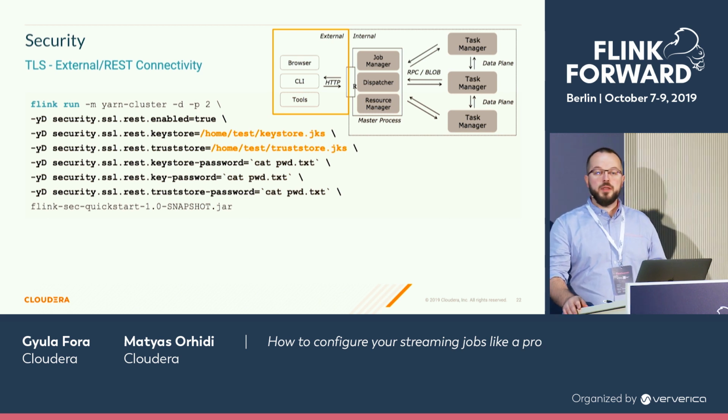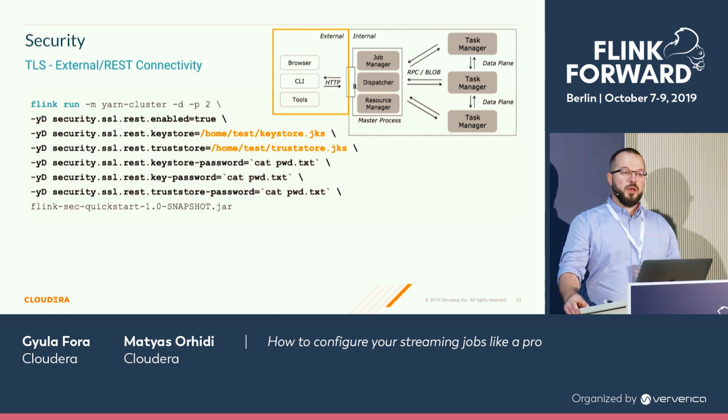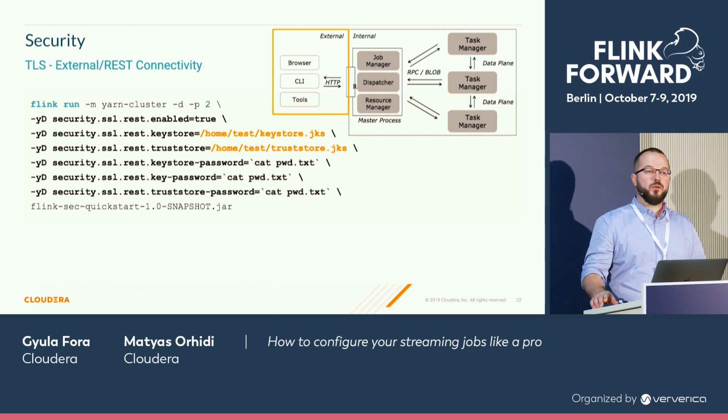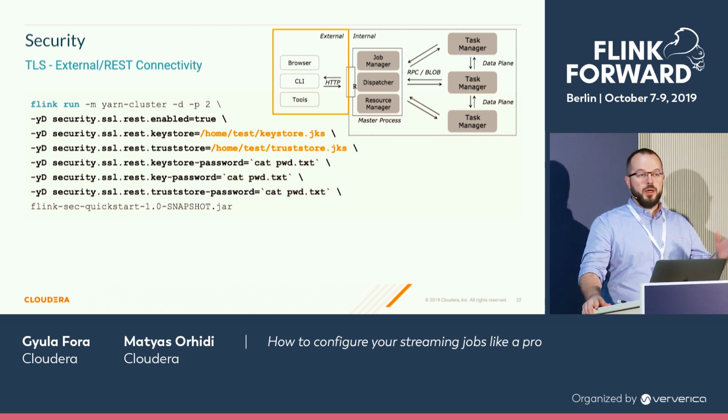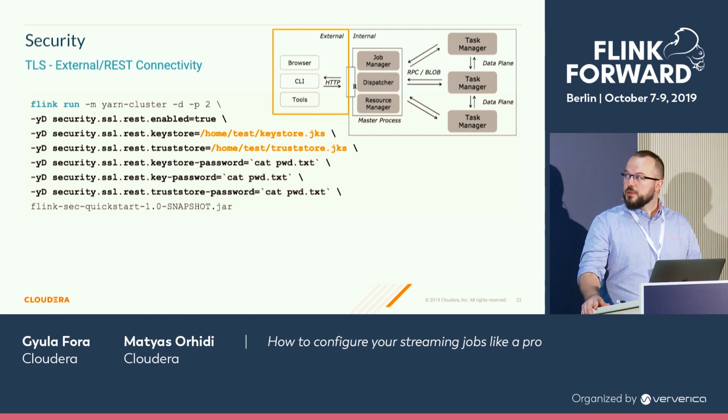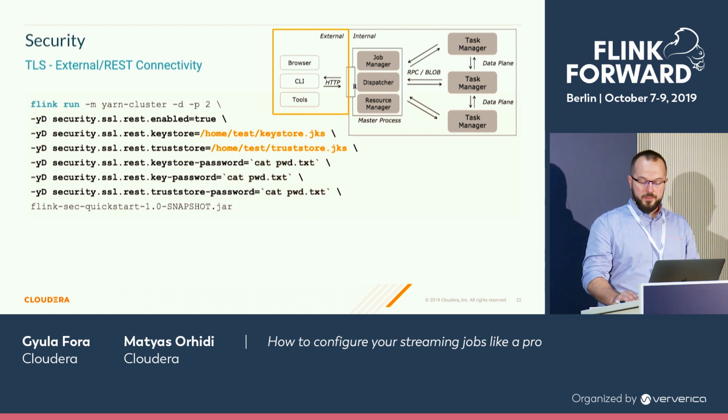If you're super lucky, this has been done automatically by some infrastructure guy during the cluster provisioning or by Cloudera professional services. If not, then you need to generate the keystore and a truststore on your own if you want to protect the external interface also with TLS.